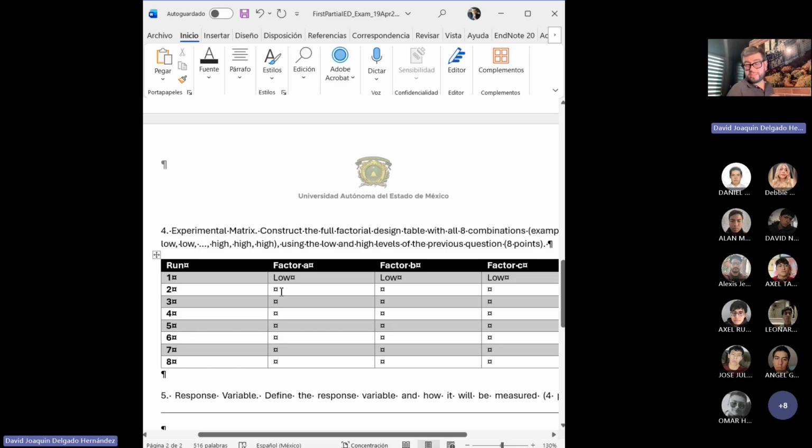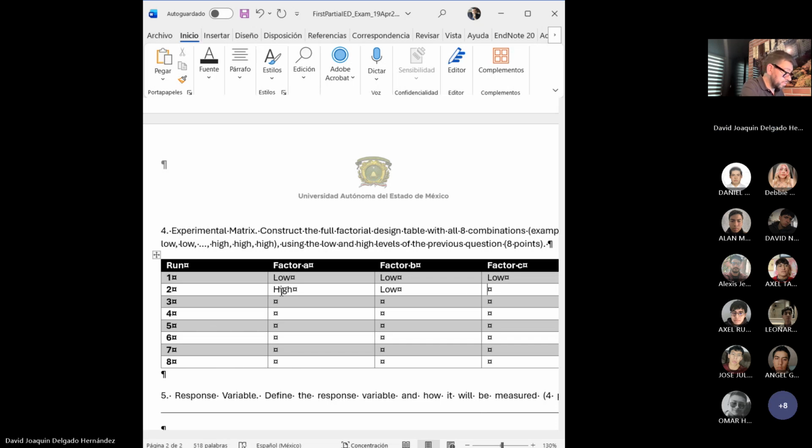You could put in not strictly in this order, but the idea was for you to put the 8 different combinations. For instance, you put here high, low, low. Then you put here low, high, low.